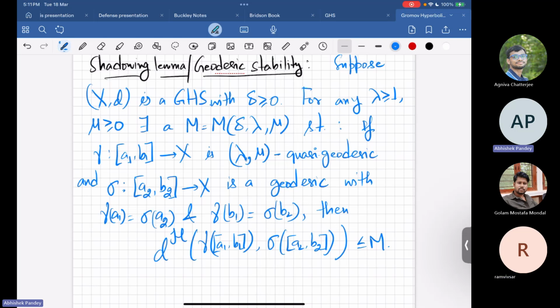No, not really. We cannot say this, because there are spaces where this fails. No, this r already depends upon delta, lambda, mu.